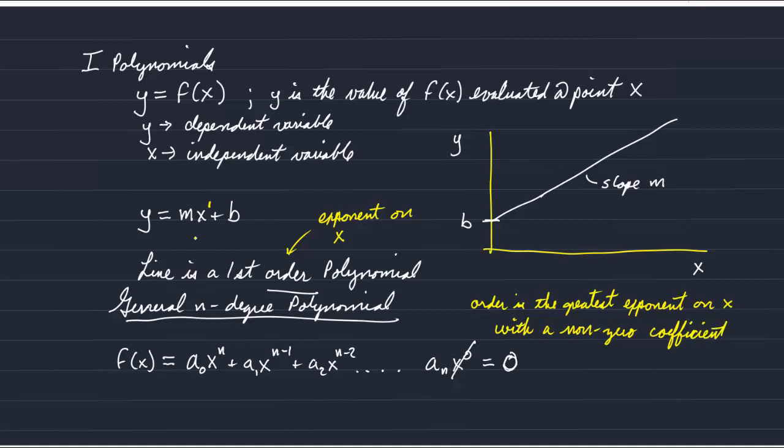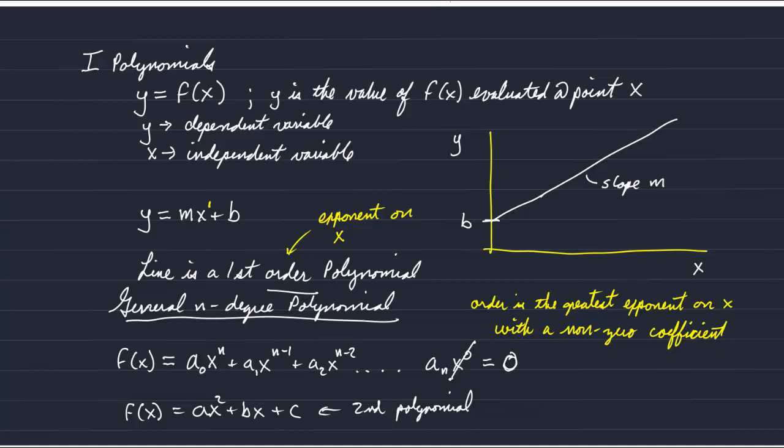Right, so we talked about our line as being a first order polynomial. A parabola, for example, would be a second order polynomial. So, for example, if f of x is equal to ax squared plus bx plus c, this is, again, our second order polynomial.